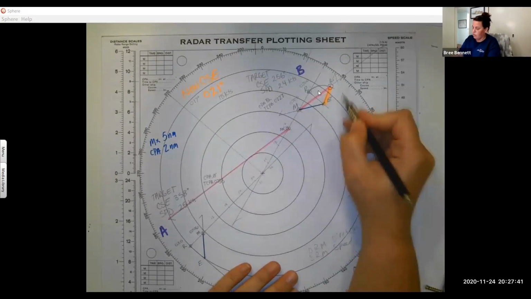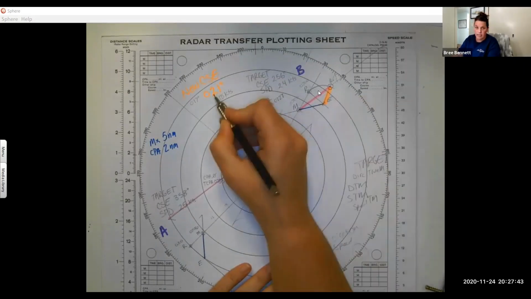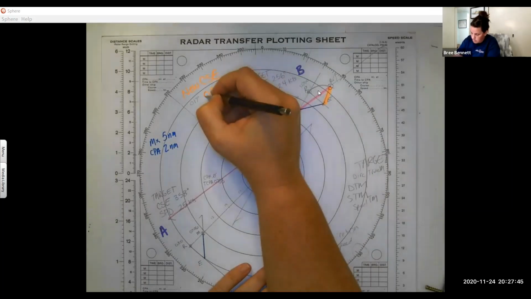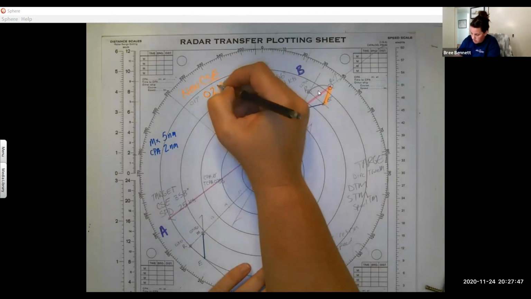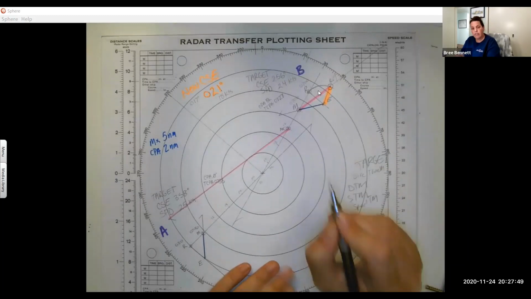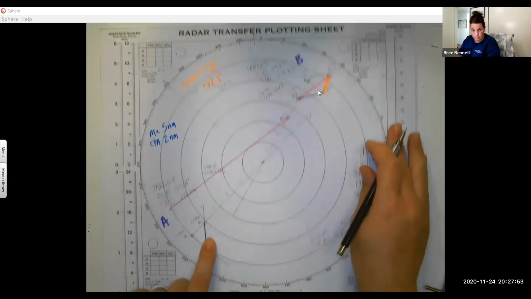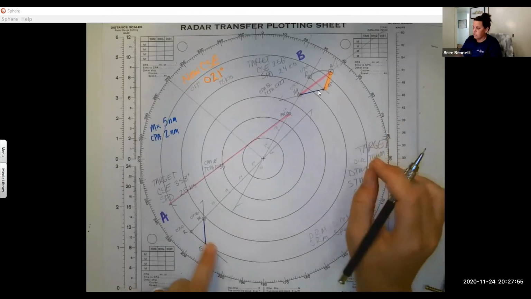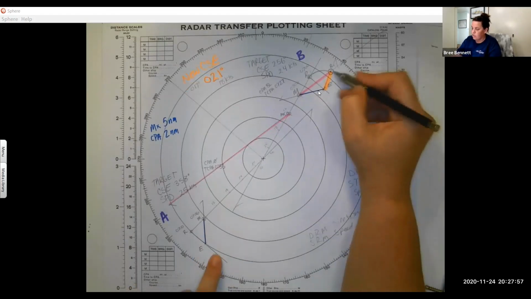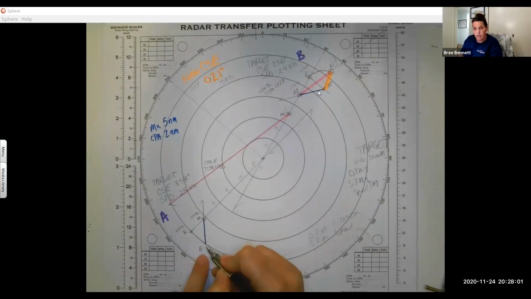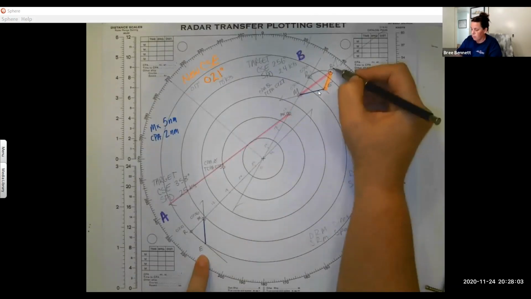I have a new course of 0 to 1. So now, how is that going to affect target A? I need to figure that out. So what I'm going to do is plot my new course back over to this triangle. So here's E to R prime.